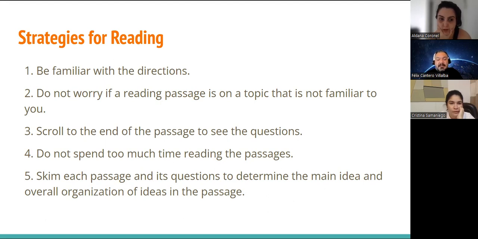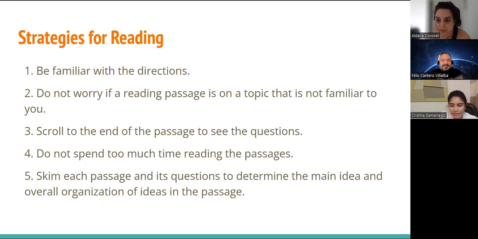Number 3. Scroll to the end of the passage to see the questions. Yes, this sounds like the opposite of everything we were ever told about reading comprehension. I don't know how you learned it, but in my time, back in the day, they used to teach us that you have to read first, once, and then each paragraph more slowly again to absorb it.